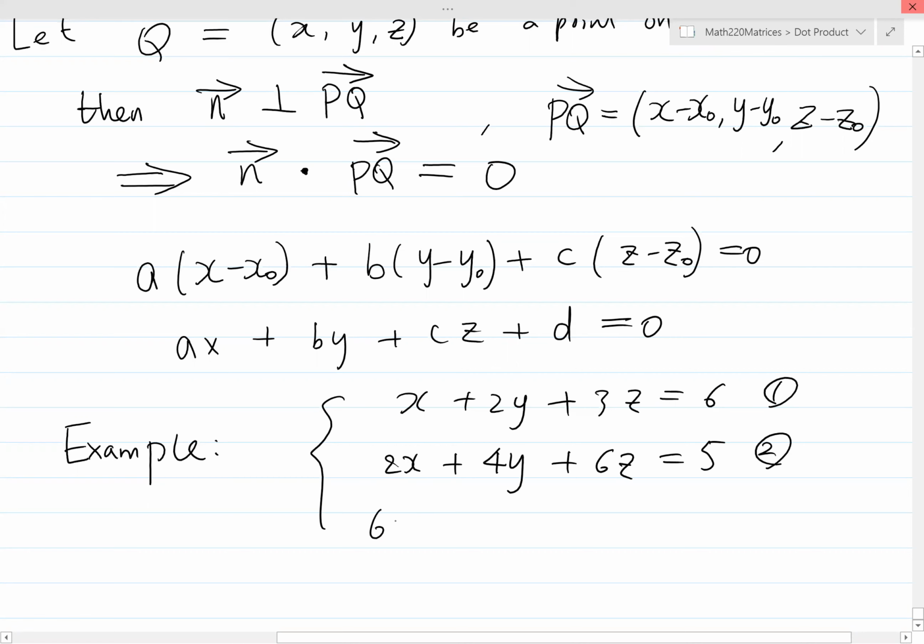Any other equation we don't care about. So these are three planes.